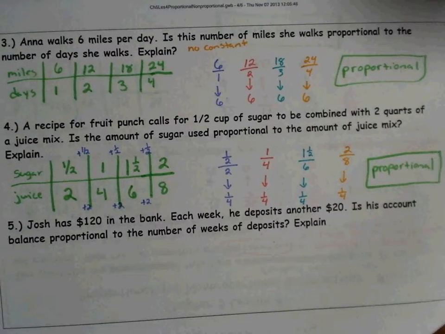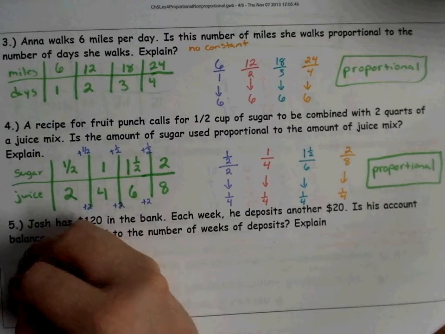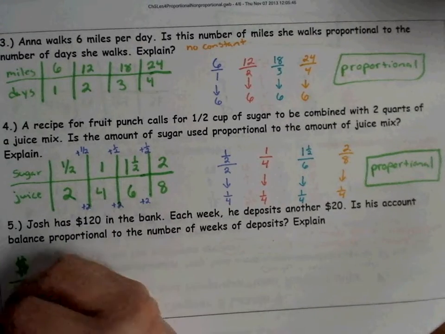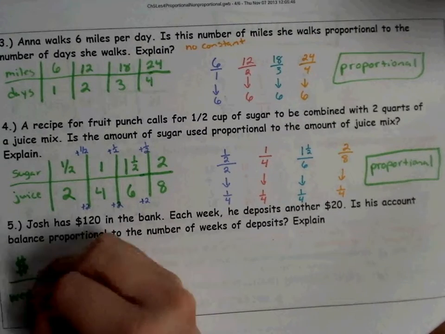Okay, problem 5 says Josh has $120 in the bank. Each week he deposits another $20 in his account. Is his account balance proportional to the number of weeks that he's depositing his money? So we want the money to be proportional to the weeks.